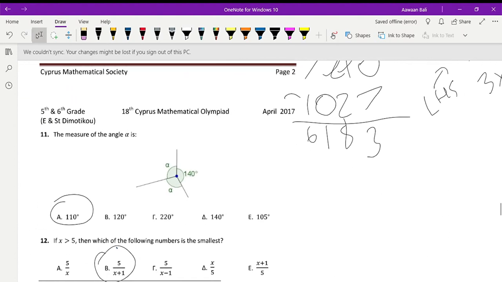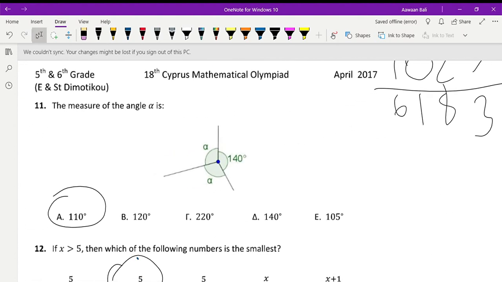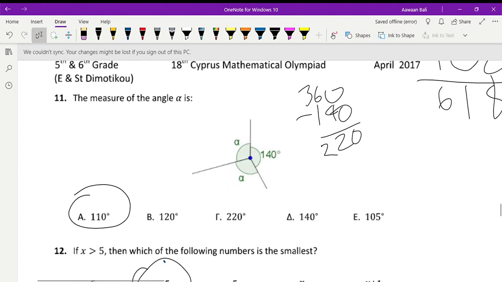6183. Question number 11. The measure of angle A is what? Now basically, we know the angle of a full circle is 360. If we do 360 minus 140, we get 220 degrees. Since these two angles both have the same variable, that signifies they're equal, which means you can do 220 divided by 2, which is 110.